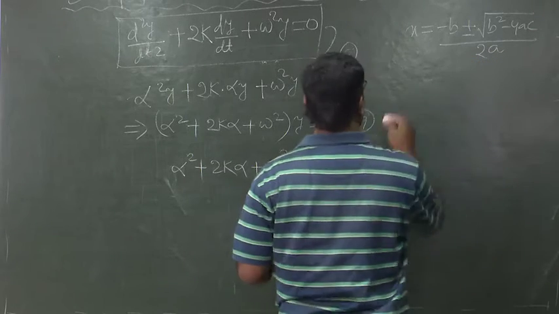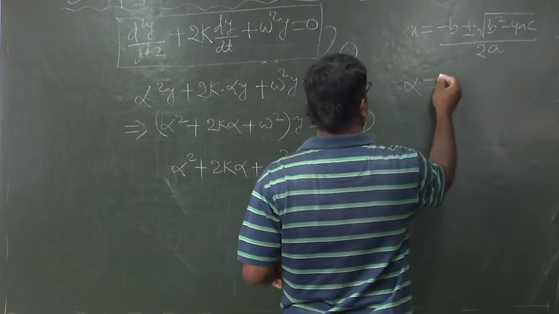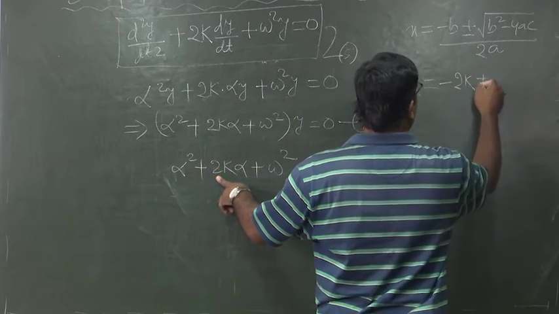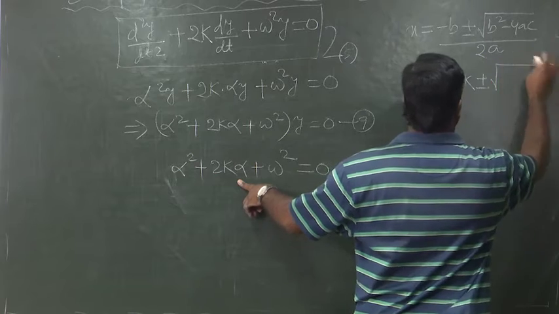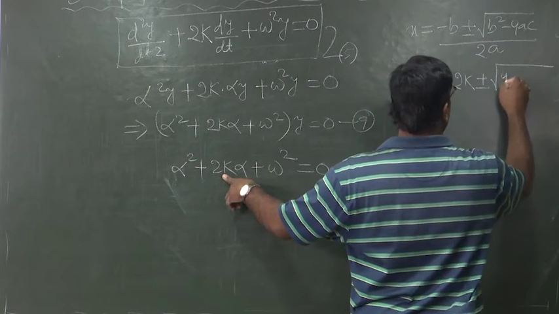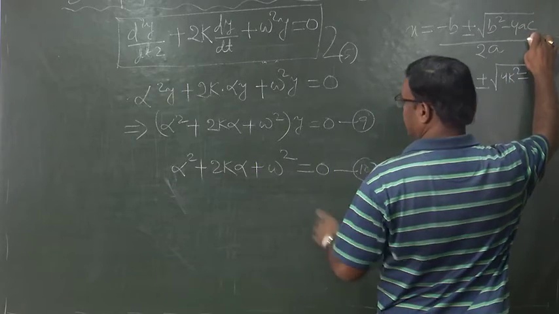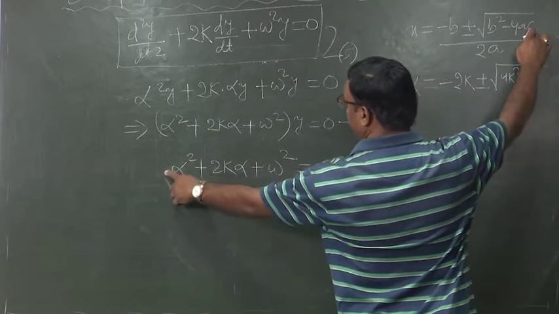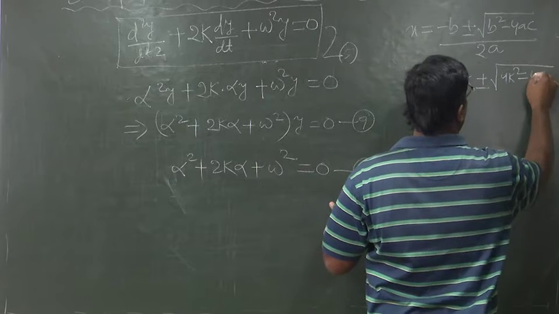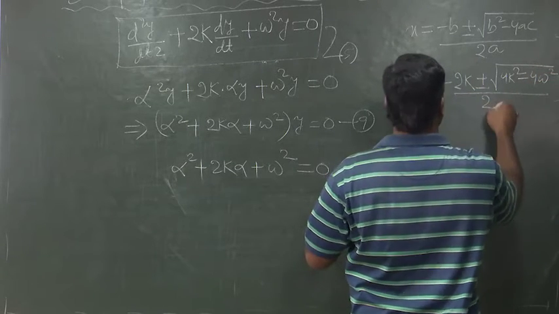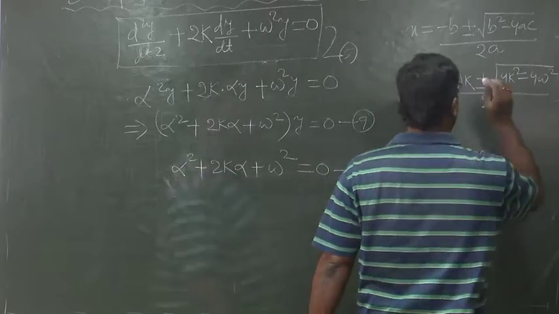Hence, we can write alpha equal to minus 2k plus minus root over of b square, which is 4k square, minus 4ac, where a is 1 and c is omega square, so 4 omega square, whole divided by 2a, where a is 1.